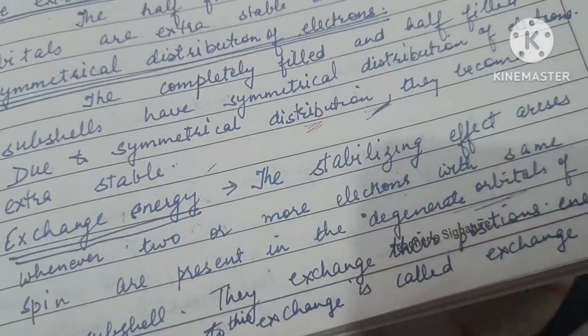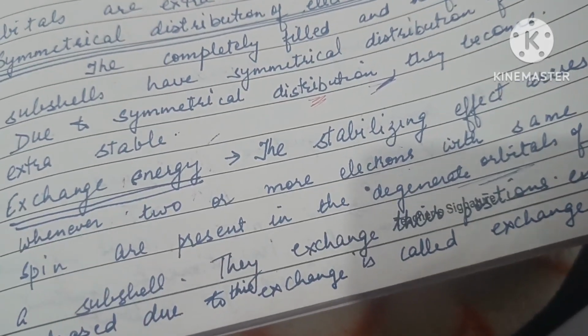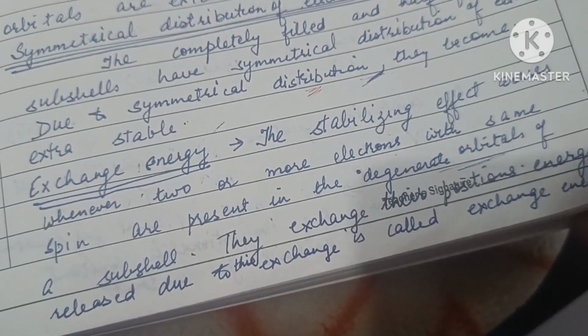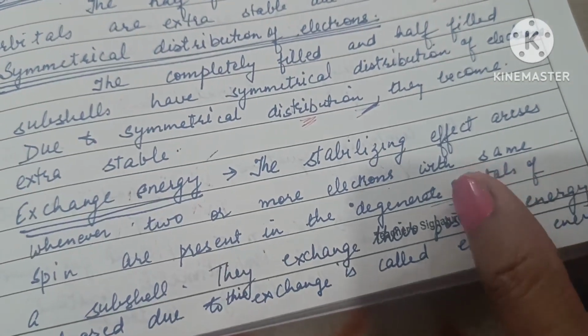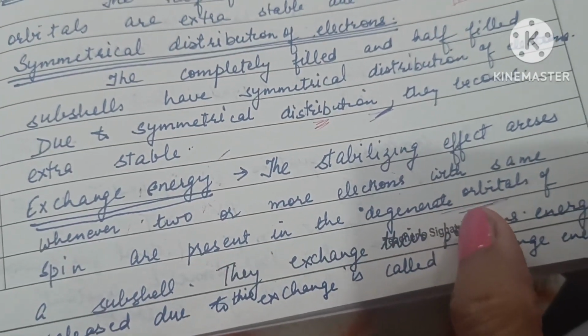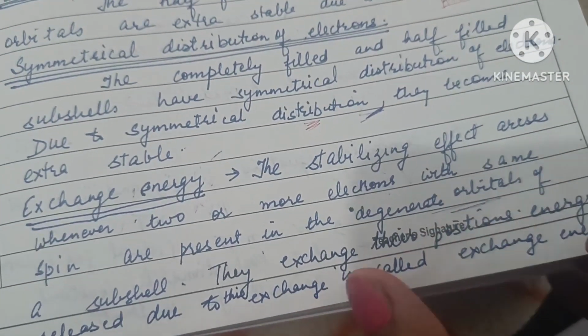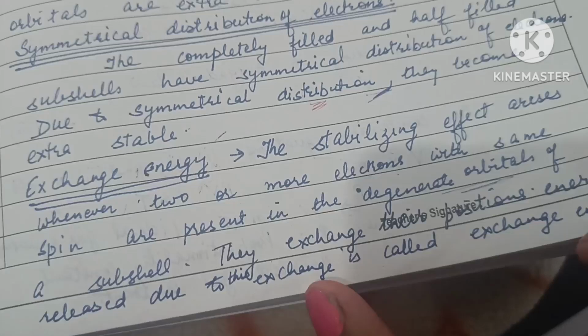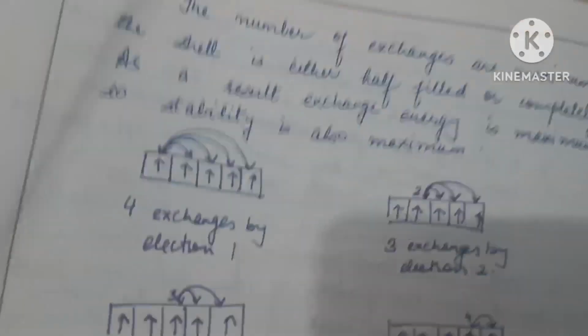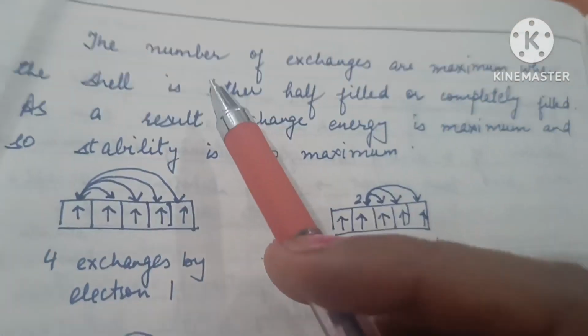And exchange energy, the stabilizing effect arises whenever two or more electrons with same spin are present in the degenerate orbitals, that is, orbitals of equal energy of a subshell. They will exchange their positions and energy will be released due to exchange, and this energy is called exchange energy.